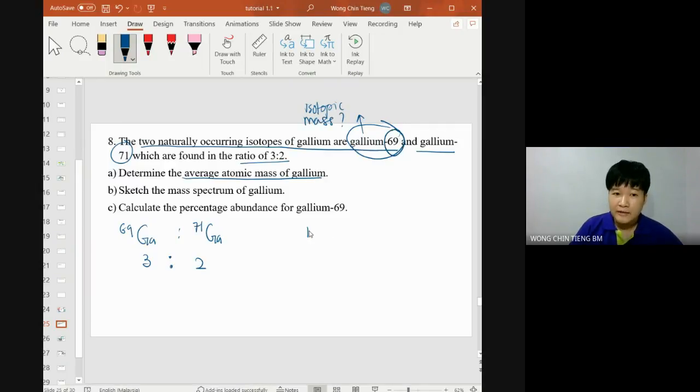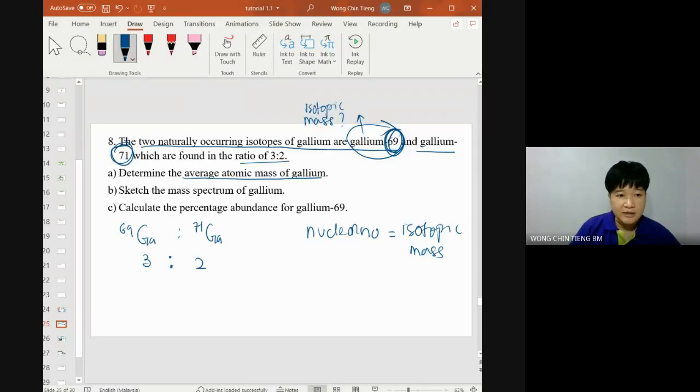Do you know that your nucleon number is actually your isotopic mass also? Similar, not exactly but similar.